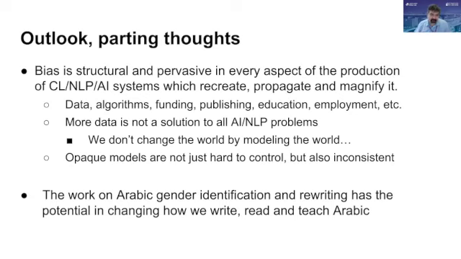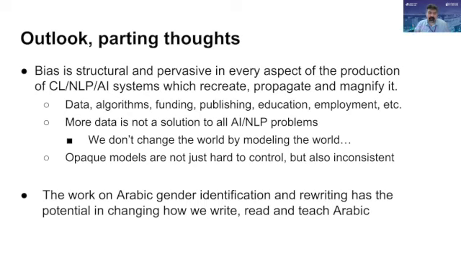Just maybe the message to take here is that bias is something that is structural and pervasive in every aspect of the production of computational linguistics, natural language processing, and AI systems that recreate, propagate, and magnify it. Data, algorithms, publishing, education, employment, all of these things are connected with each other, and they continue these patterns.